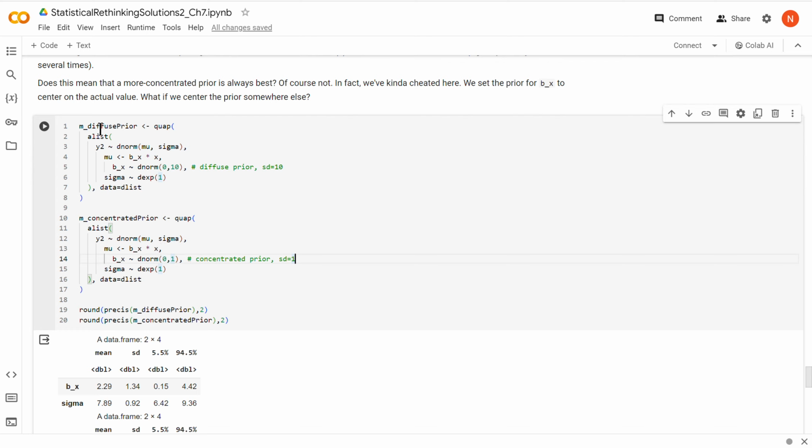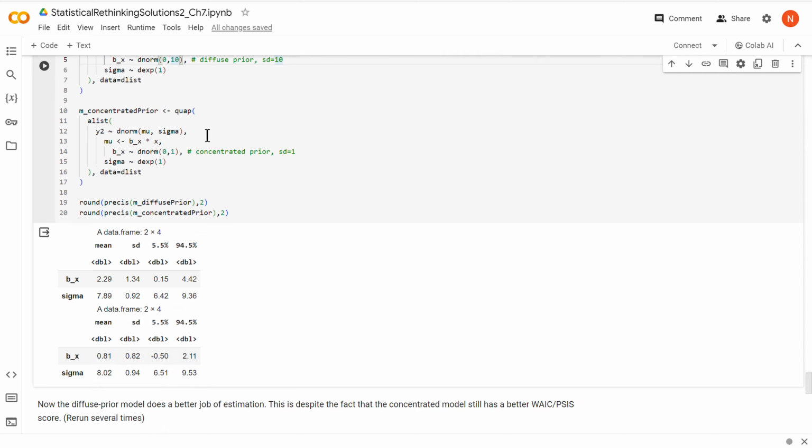Whereas the diffuse prior is also centered pretty far away, but because it is seriously considering many more potential values, 2 is well within the values that the diffuse prior is going to seriously consider.